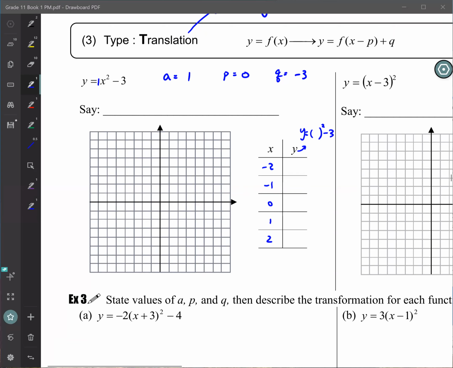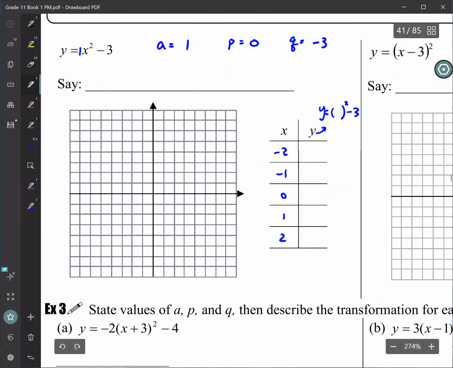Raise your hand after you get the graph. -2 squared is 4. 4 minus 3 should be 1.